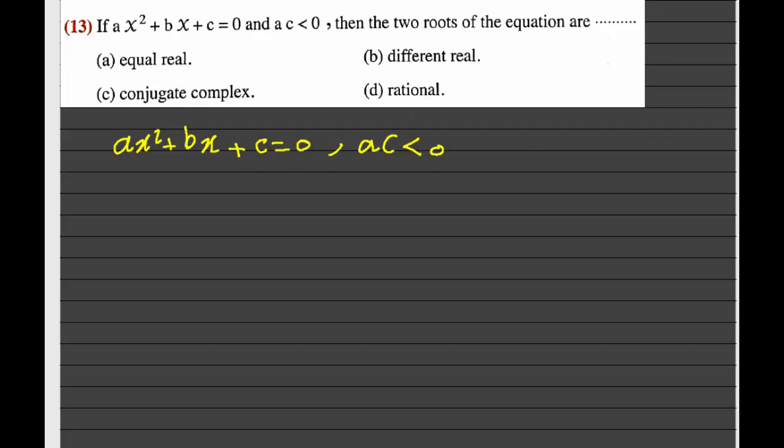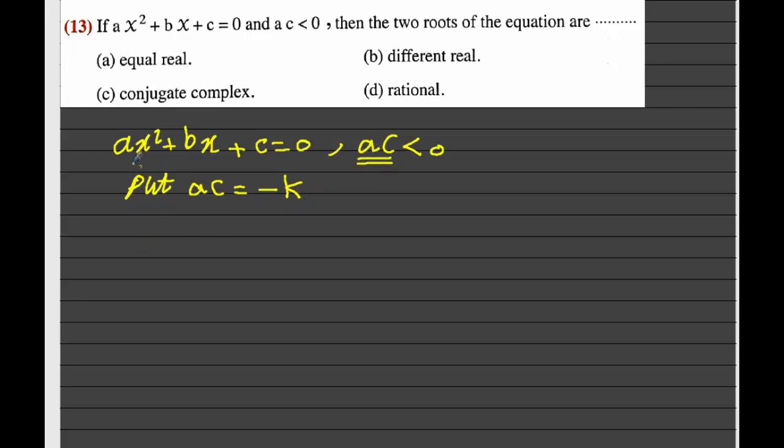First, consider ac equals a negative number. Okay, so put ac equals negative K. K is a positive number, so the value of ac equals negative K because ac is negative.